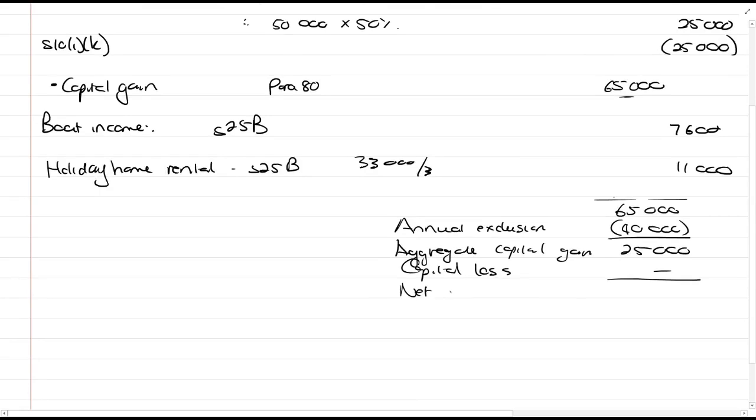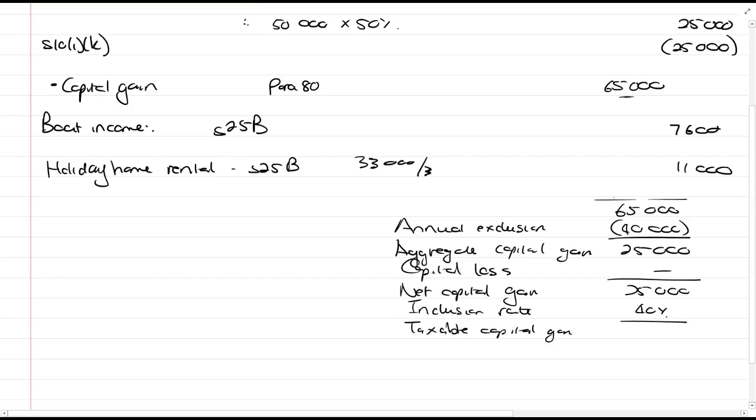This gives us our net capital gain of 25,000. We then have our inclusion rate, 40%, which gives us a taxable capital gain of 10,000. That gets added, and that's our taxable income.